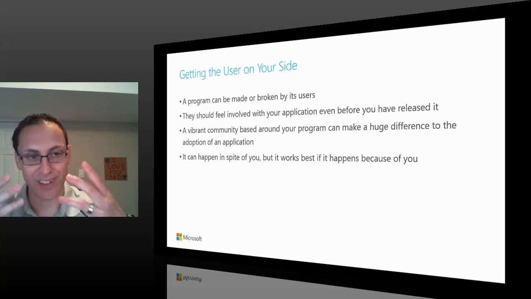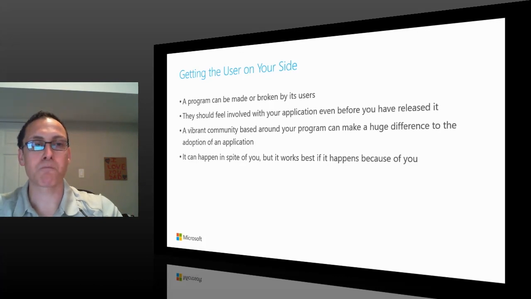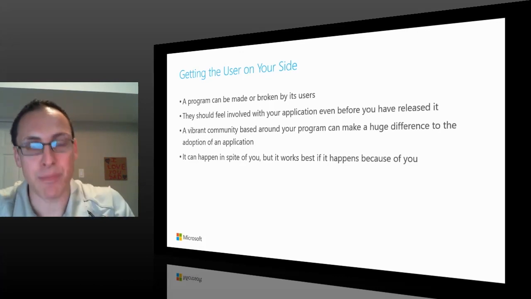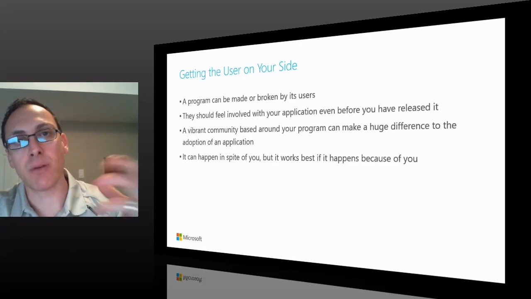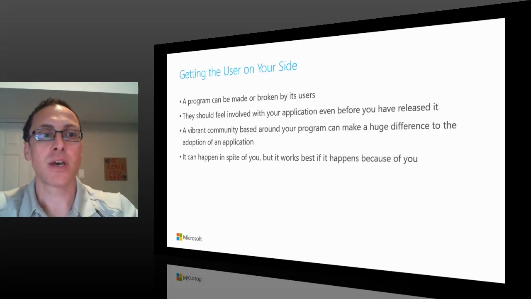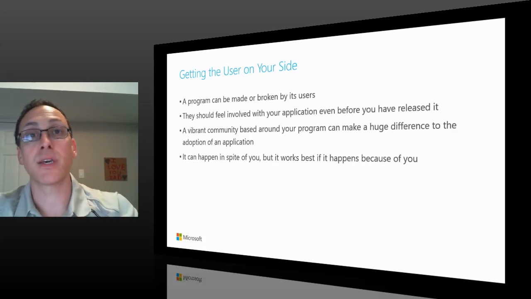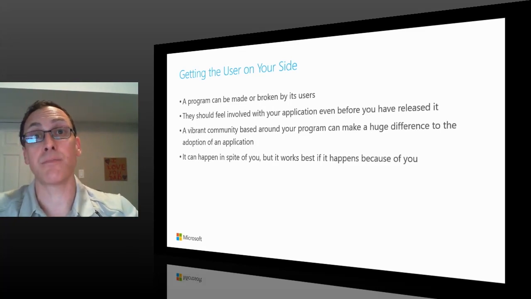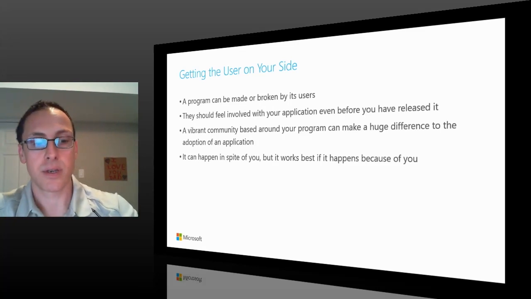Everyone wants to feel involved in the app. Everyone wants to feel important. The more you can make your users feel important and feel like they're inputting into the app, the better and more vibrant community you're going to have. It'll make a huge difference, not only from them adopting it, but also the word of mouth you get from people who are excited to use your app.